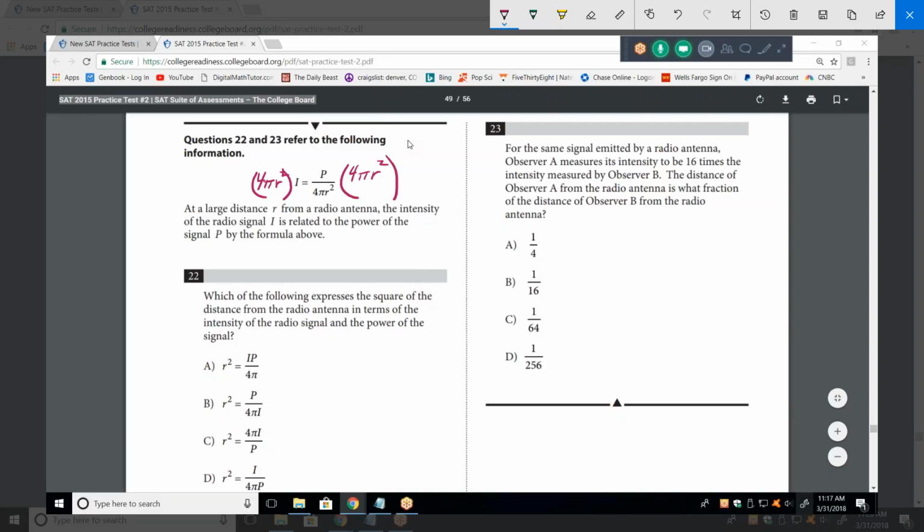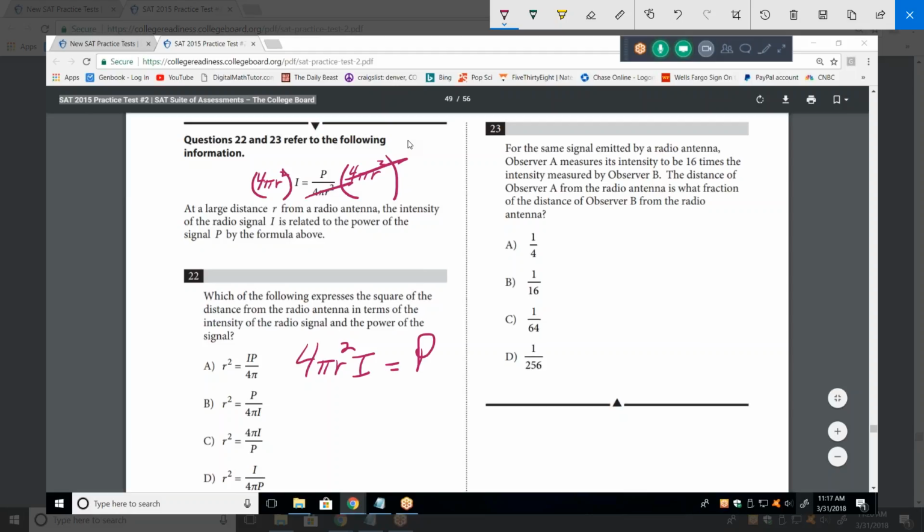And now that has to cancel because that's why I multiplied it. So now I get this: 4 pi r squared times I equals p. You with me?